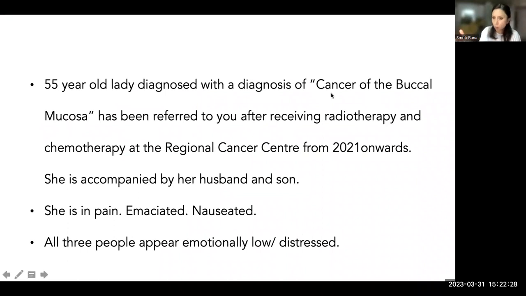What do you need to know about this family in order to help them? Financial stability. What else? Support system, including the financial part. Where would you start? Anyone?